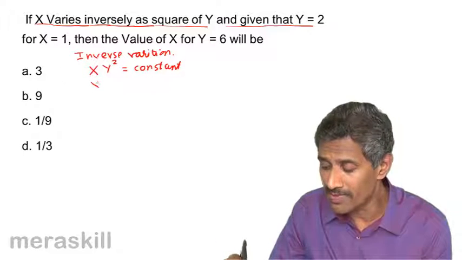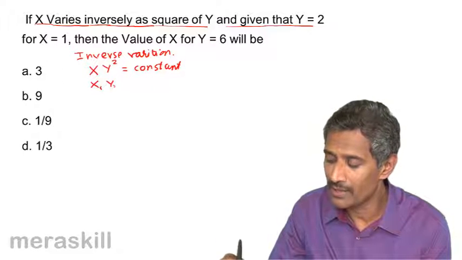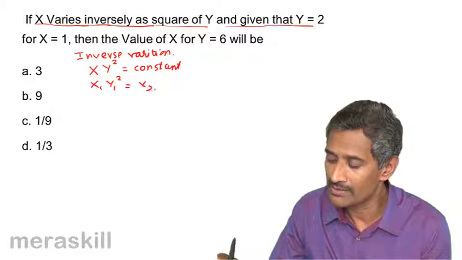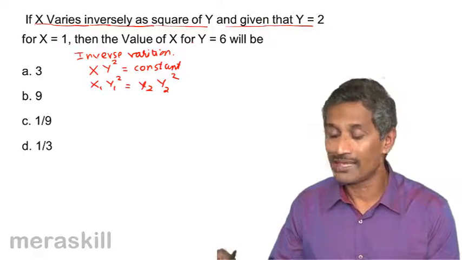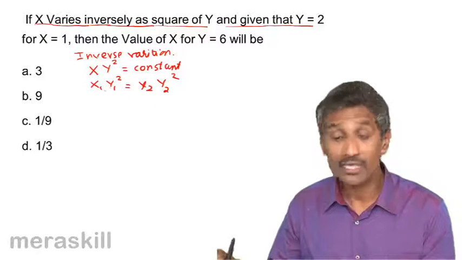So which also means that x1 into y1 square is equal to x2 into y2 square. Since we have two values of y's and two values of x, one of which we need to find, we can use this principle.